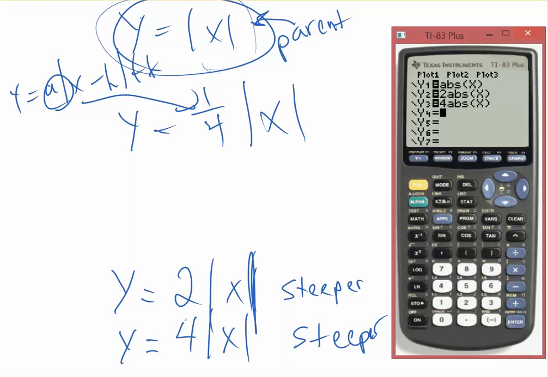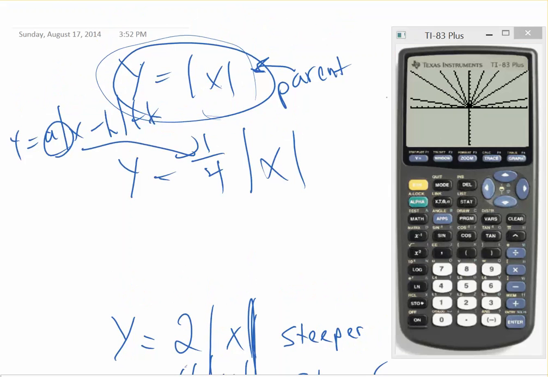Y equals 1/4. Remember, when I put in a fraction, I always put in parentheses, 1/4. That way the calculator knows I want a fraction, not just division. So fraction times the absolute value of x. So you can see this one that just got added right here is not steep, it's the opposite. So this one's wider, or less steep, however you want to say it.